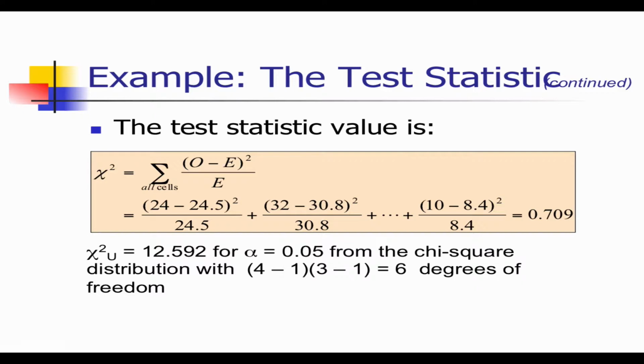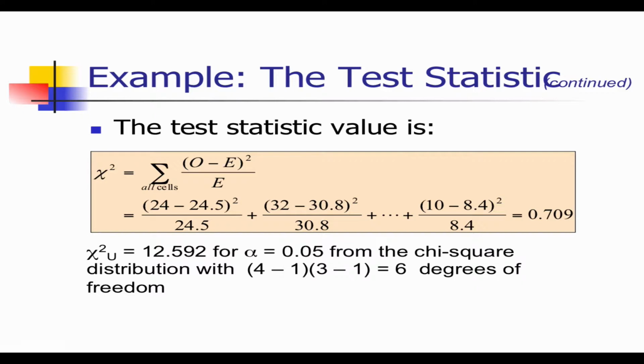And from a chi-square table, we can get that that number is 12.59, at alpha equals 0.05. So very obviously, we fail to reject the null hypothesis and conclude that for the students in different class, they actually have the same proportion to choose different meals.